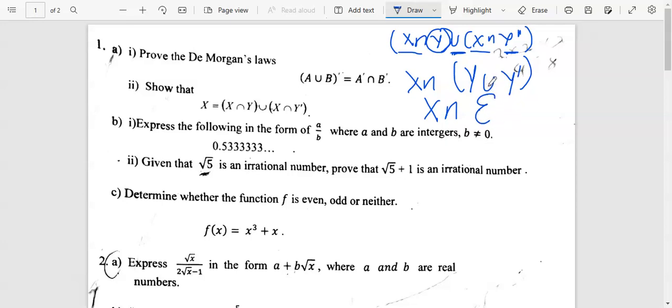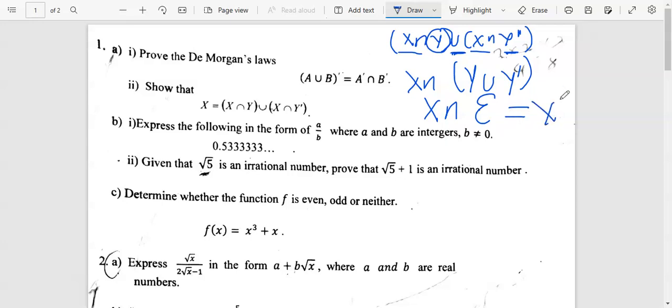Now, if it was intersection here, Y intersection Y complement, like what is common between the inside of a set and outside of the set, that is not possible. So Y intersection Y complement is an empty set, but union is a universal set. Now every time you intersect a set with the universal set, it will just be that same set.